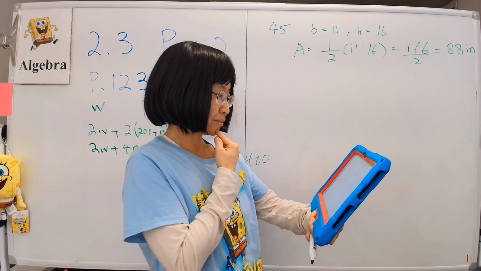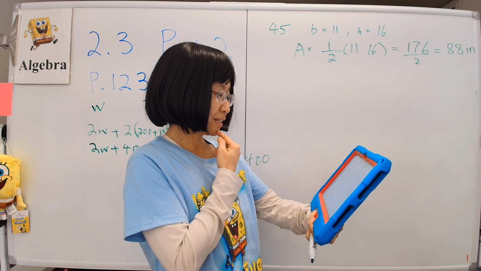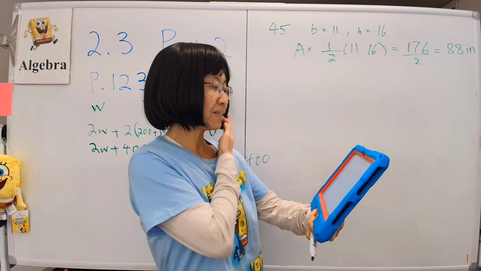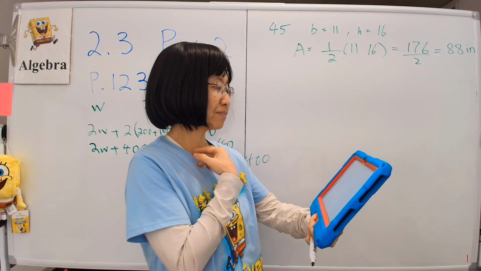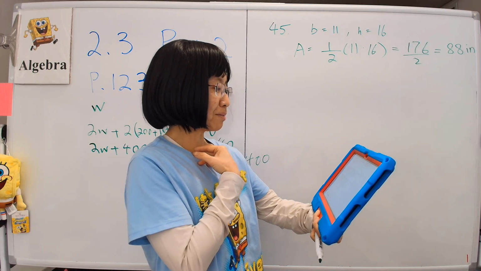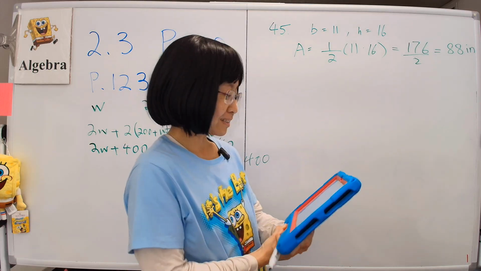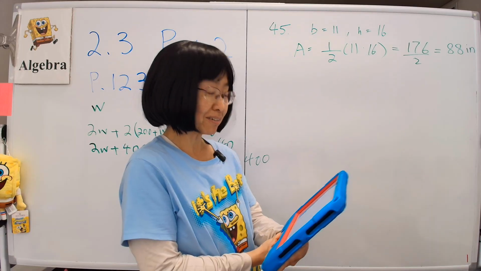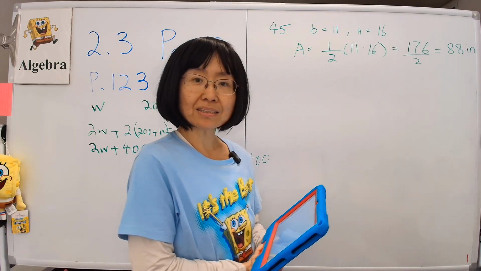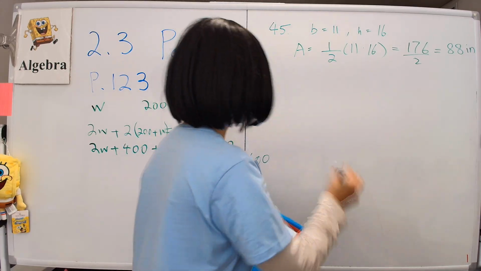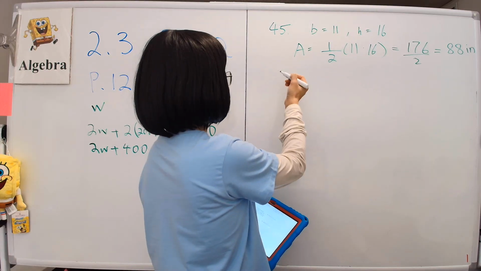The height to the nearest tenth of a triangle with a base of 15 and an area of 215. That's the same problem. However, it says something about the height to the nearest tenth. What does that mean? The tenth they're referring to is the decimal point, in case you can't remember.